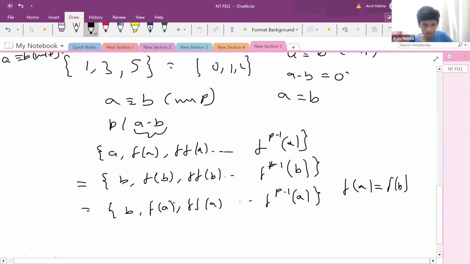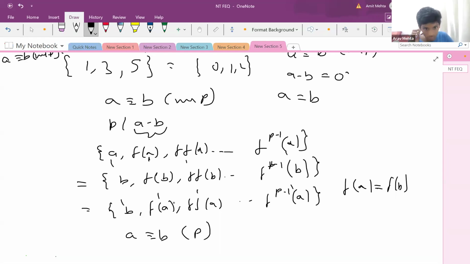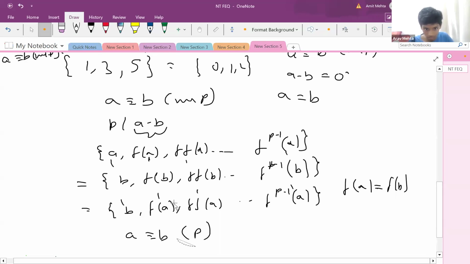So since this and this are same, this and this are same, all of them are same. This and this must be same modulo p. That is, a and b leave the same remainder when divided by p.